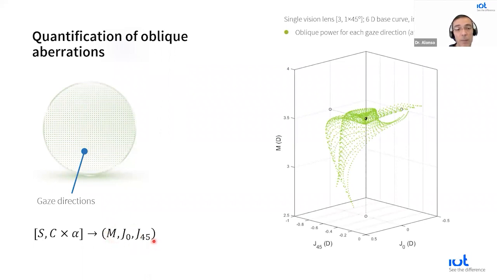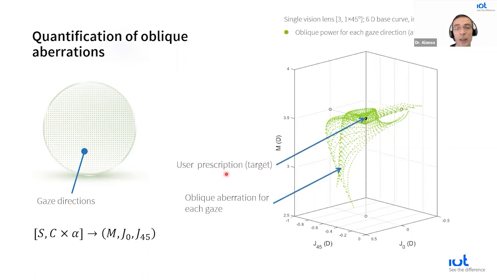Using this power vector, we can make a 3-dimensional representation in which each axis is one of these components, M, J0, and J45, and then each oblique power corresponds to one point in this dioptric space. So the lens is represented by this cloud of points in dioptric space. At the center, we can see the user prescription; for this example the target prescription is 3 diopter sphere, 1 diopter cylinder, 45-degree axis.